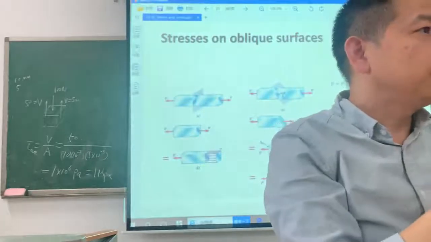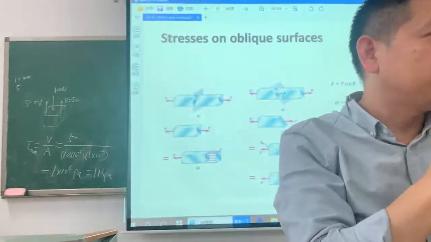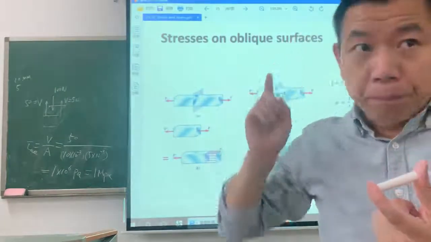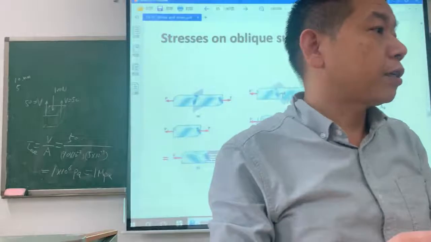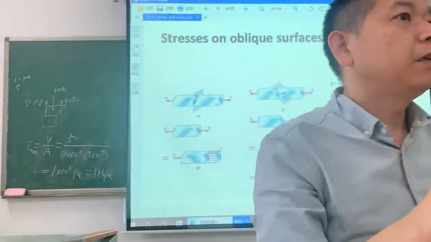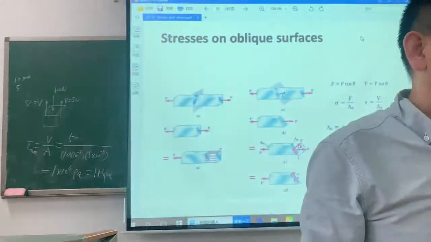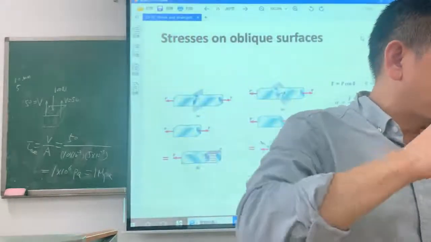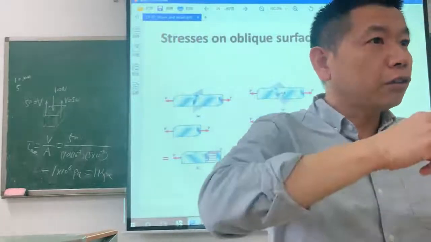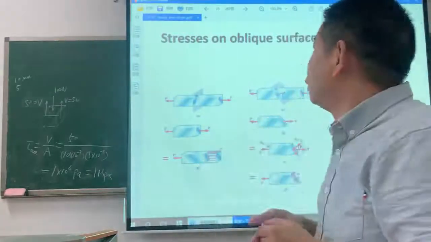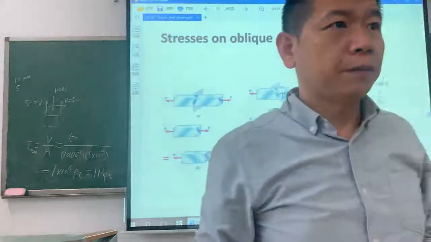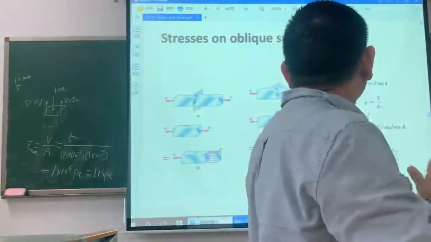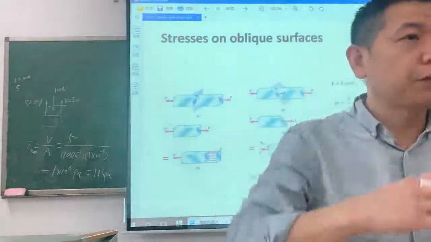Because when the rod is in axial loading, the biggest normal stress happens on the cross section. But when I torque it, the cut must be an oblique surface.